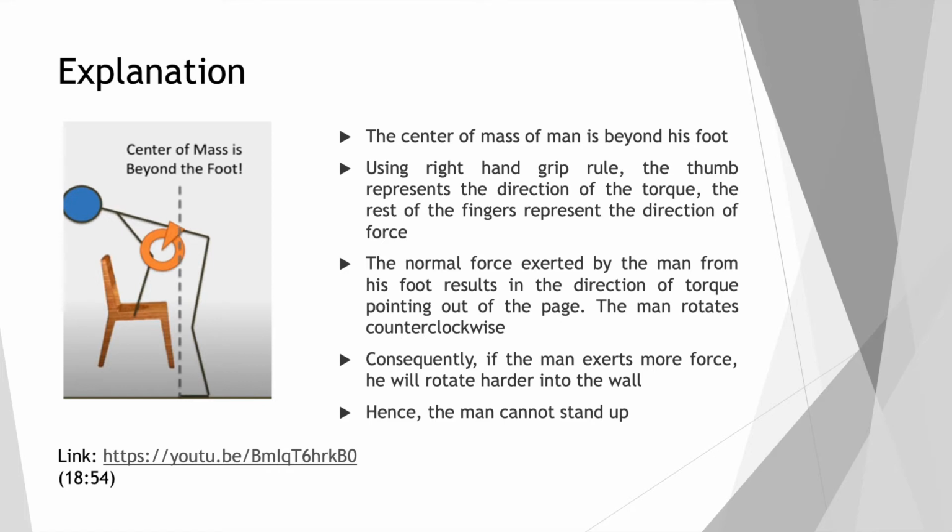The rest of the fingers represent the direction of force. The normal force exerted by the man from his foot results in a direction of torque pointing out of the page. The man rotates counterclockwise. Consequently, if the man exerts more force, he will rotate harder into the wall. Hence, the man cannot stand up.